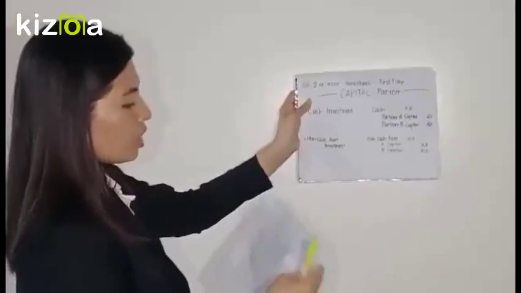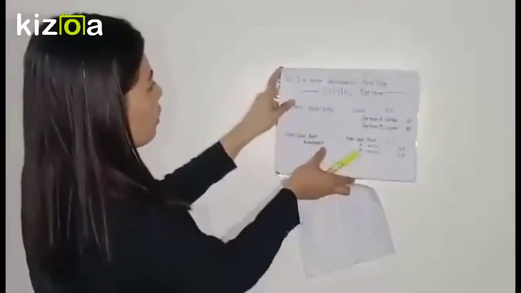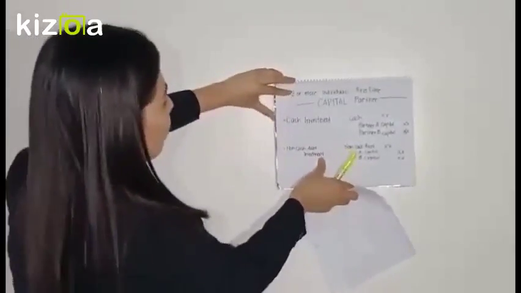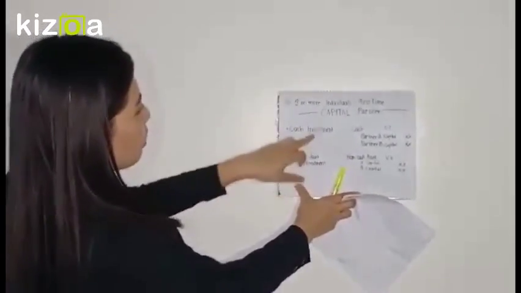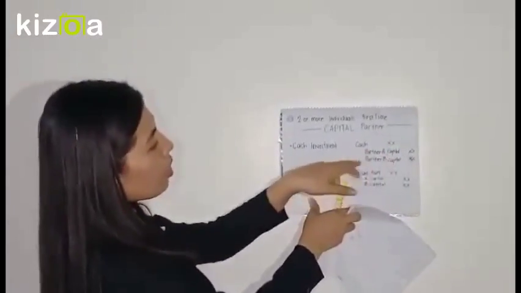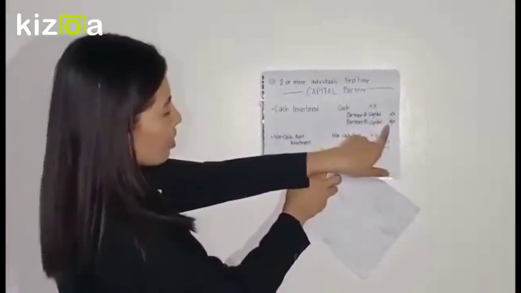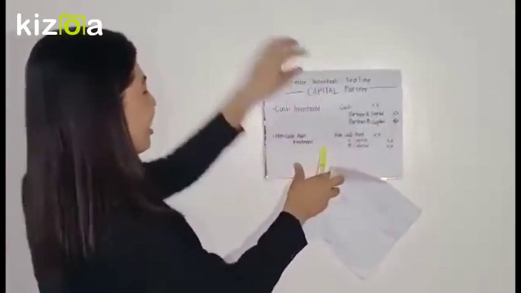Now we are discussing the opening entry of a partnership. For two or more individuals forming it for the first time, in the capital accounts of the partners, the cash investment must be credited.